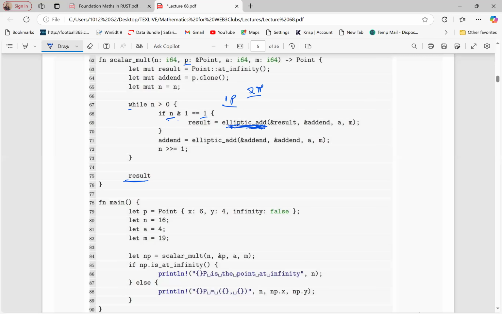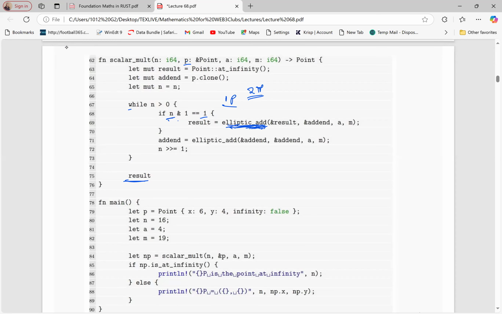So this one will add 2p plus 2p. If n changes to 3, then this time it asks this one to perform 2p plus p to give it this. So it will just be asking for this one to do that.